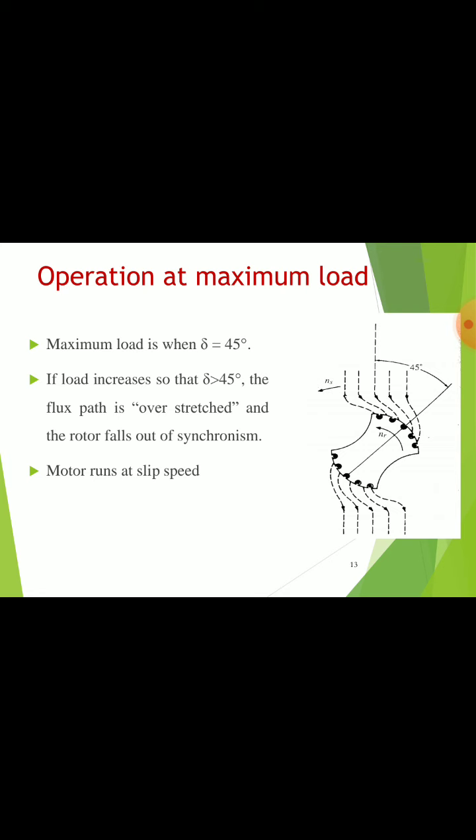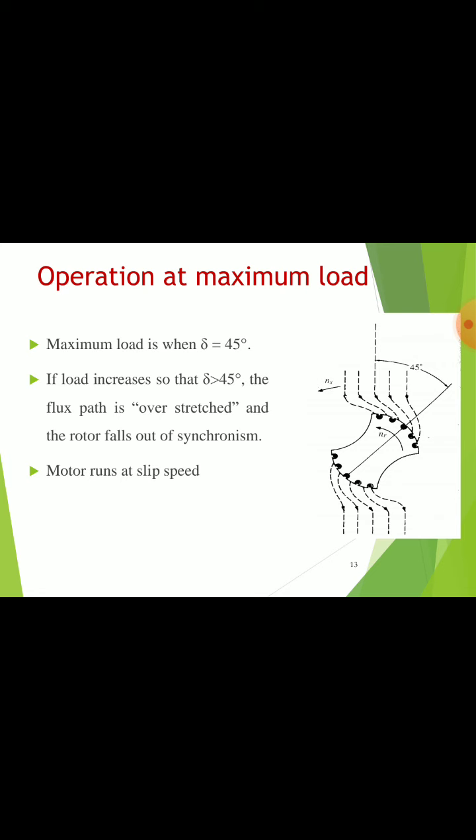Now in this figure we can see the operation at maximum load, that is, our load is increased to maximum. Here the torque angle delta is equal to 45 degrees. Our flux path is overstretched and the rotor falls out of synchronism.